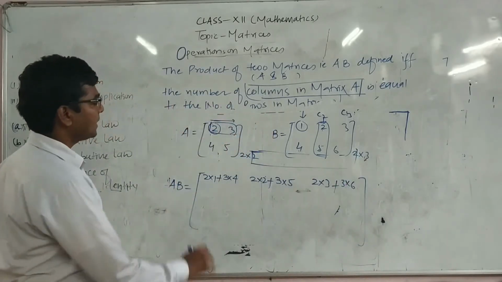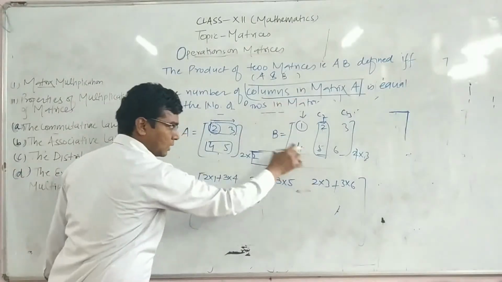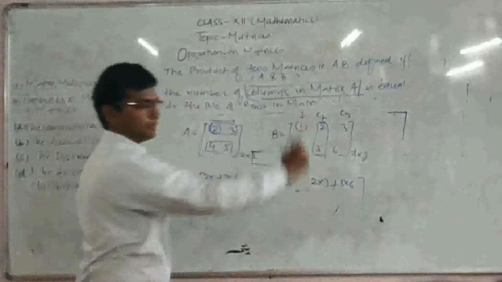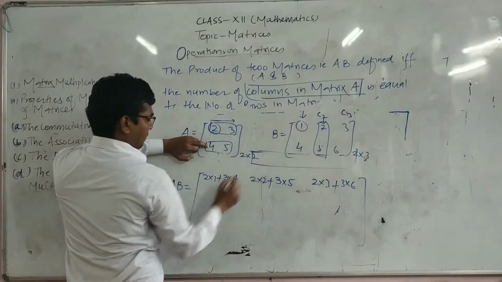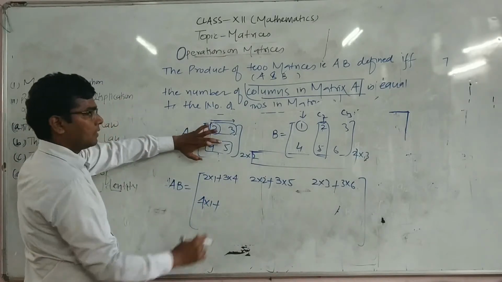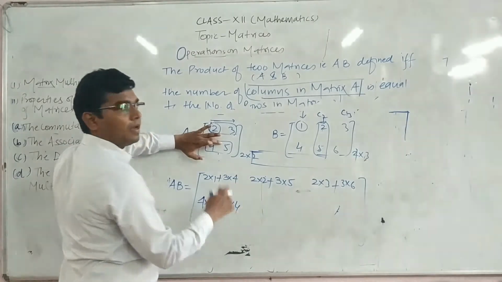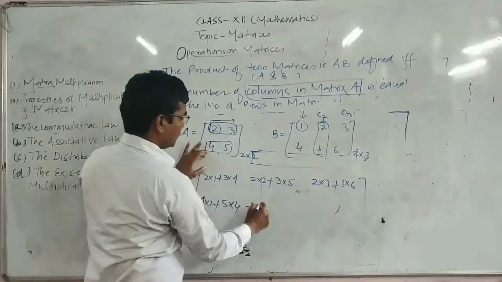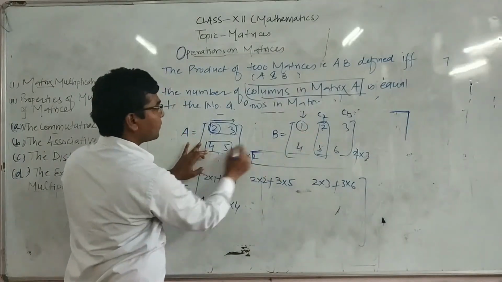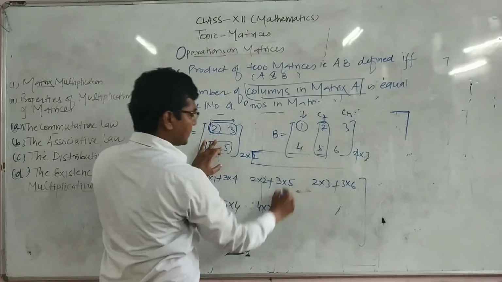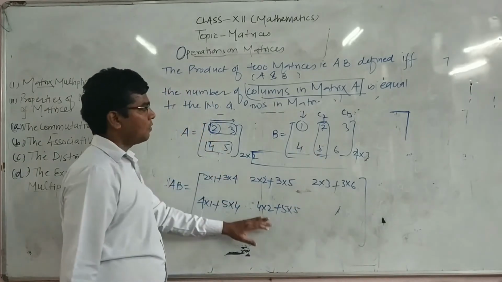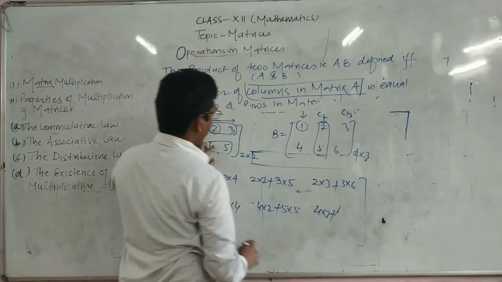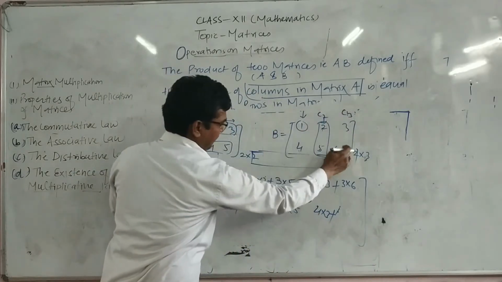Similarly, the second row will multiply with the first column, second column, and third column. So 4 with 1 plus 5 with 4, and 4 with 2 plus 5 with 5, and again with the third column, 4 with 3 plus 5 with 6.